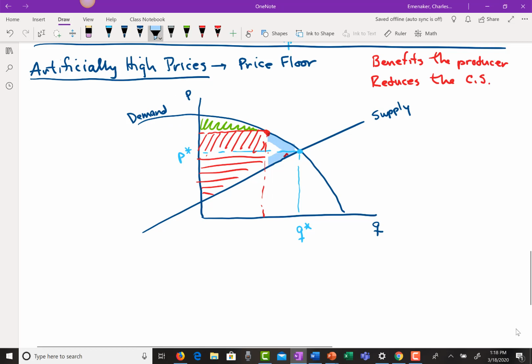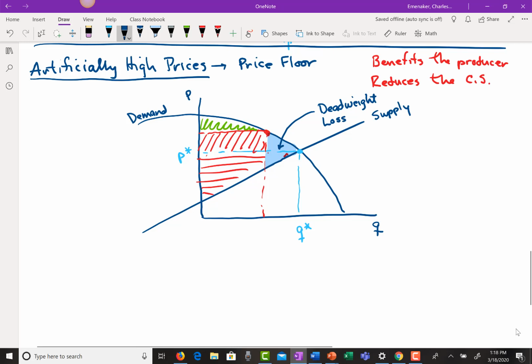This is what is lost on both sides of the ledger when the price is set artificially high. This total amount that is lost is called dead weight loss.